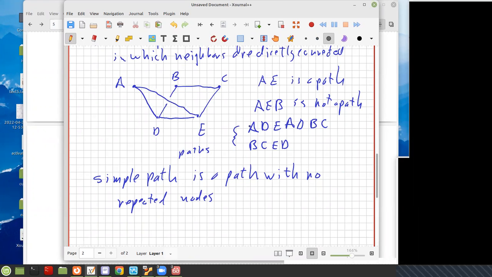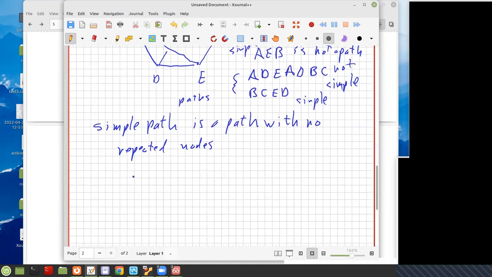This is simple, but look, A and A, D and D, not simple. Here is A, B, C. It's a simple path with three nodes.